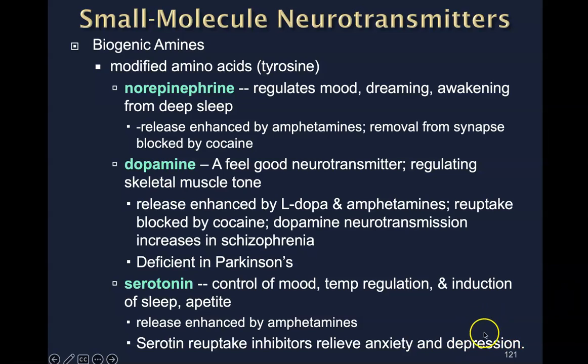So again, in oftentimes cases of clinical depression, there are lots of different causes as to why, but for some reason that individual isn't producing enough of their own serotonin. So what they'll do is give you SSRIs, basically serotonin reuptake inhibitors, and that allows that serotonin to hang out in that synaptic cleft longer since you're not producing enough of your own.